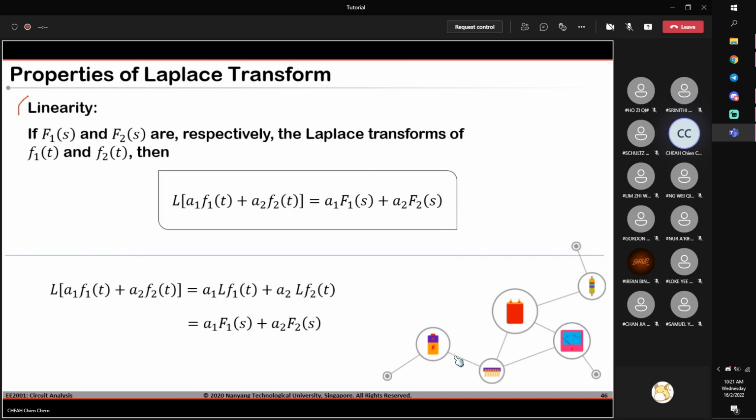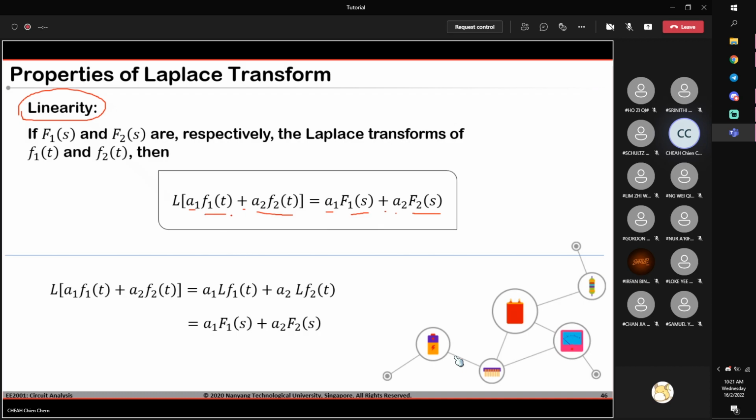Now, this property is very important, and a lot of you have used it without realizing that you're using it. It says that if you have a constant multiplied by a signal, then the Laplace transformation of the constant multiplied by the signal is just the constant multiplied by the Laplace transformation of the signal. If you have linear combinations such as A1 F1 plus A2 F2, then you just add them up similarly.